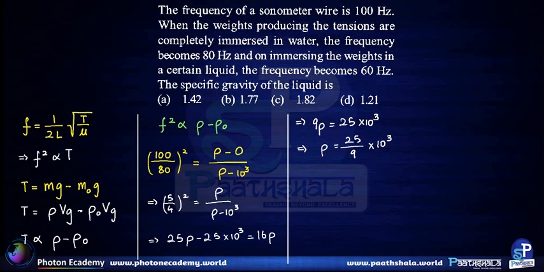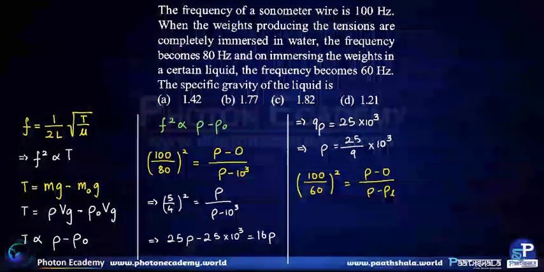Now we can do the same thing in the case of dry sonometer and unknown liquid sonometer. The 100 divided by 60 whole square is equal to rho minus 0 by rho minus rho of the liquid.